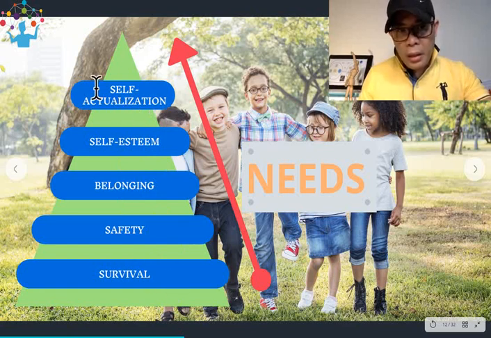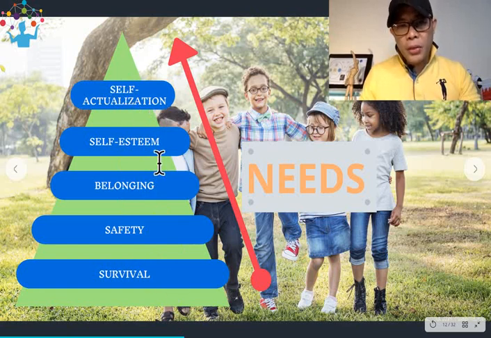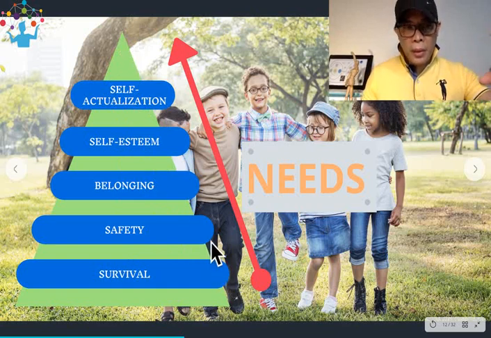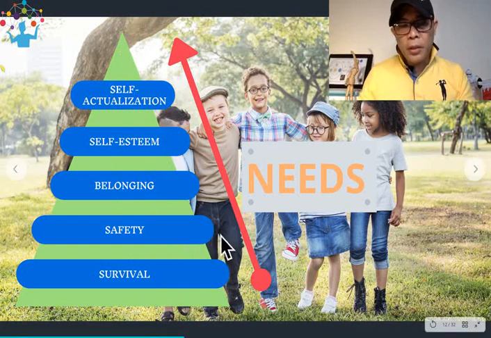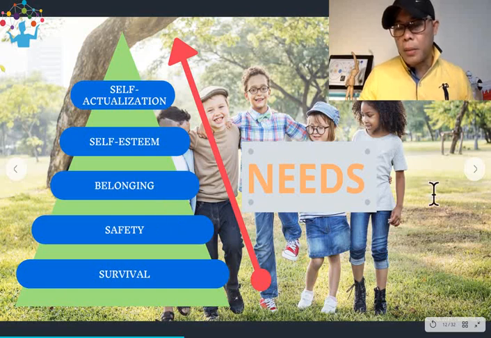And self-actualization is the peak, the optimal result of learning, that they become self-actualized people. So let's look at the different needs one by one: survival, safety, belonging, self-esteem, self-actualization.